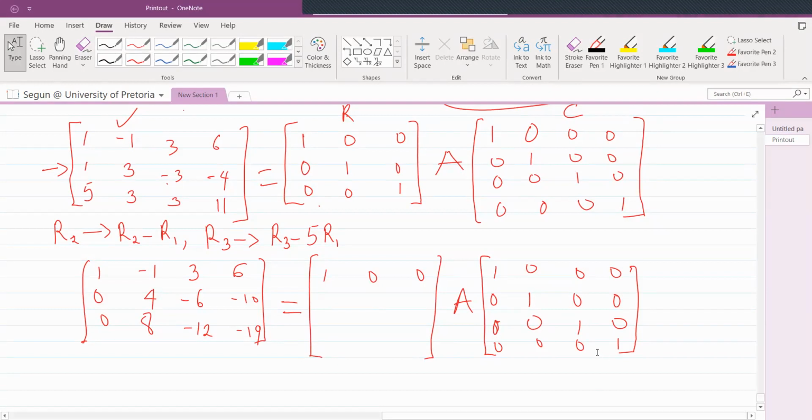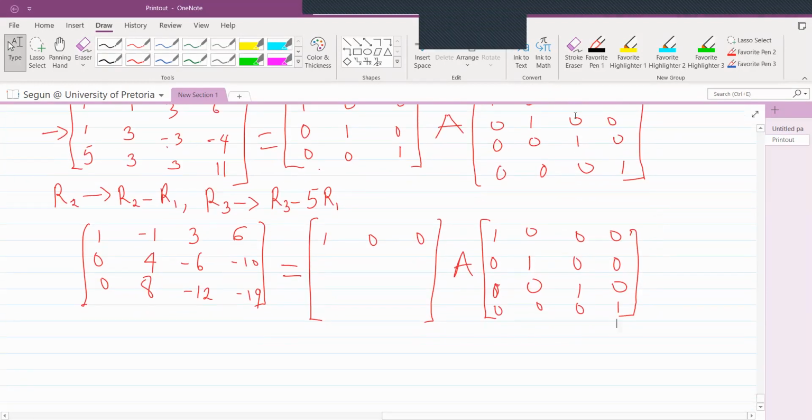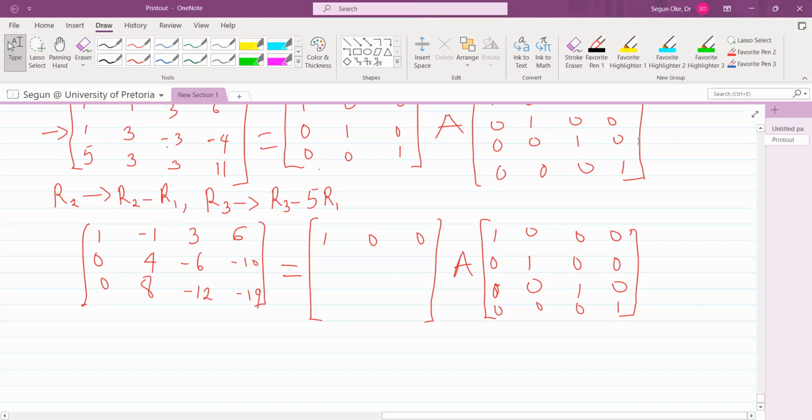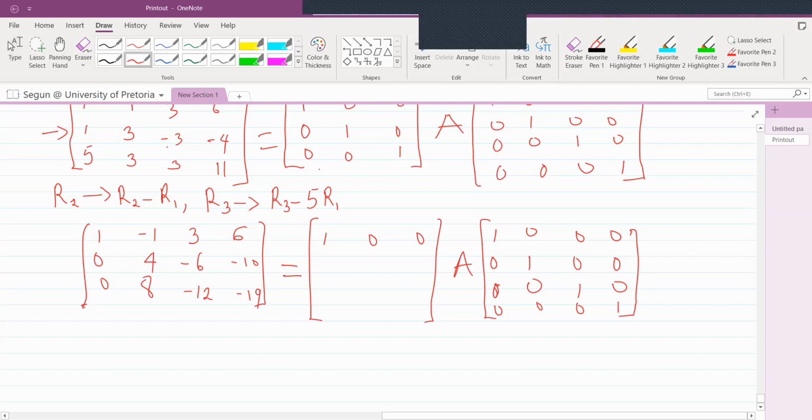So for this row operations, somebody is raising up the hand. Boyega. Sorry, I want to ask. The first one, is it the first one we just did now? Is that still identity of 3?